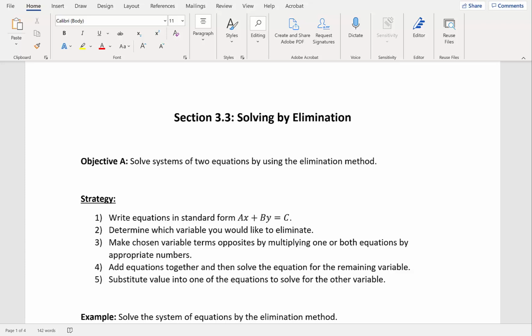Step 4, you're going to add the equations together and then solve the equation for the remaining variable. So after step 4, you'll have x equal to a number or y equal to a number. So you have one of the variables solved for. Then with step 5, you're going to substitute the value for the variable that you solved for into one of the equations and solve for the other variable. Let's take a look at an example.